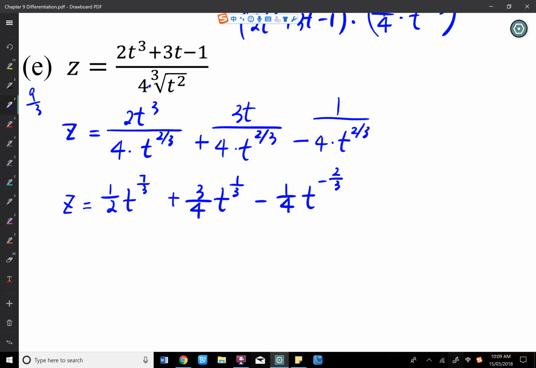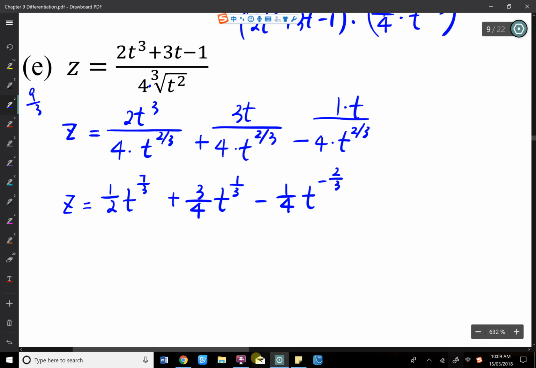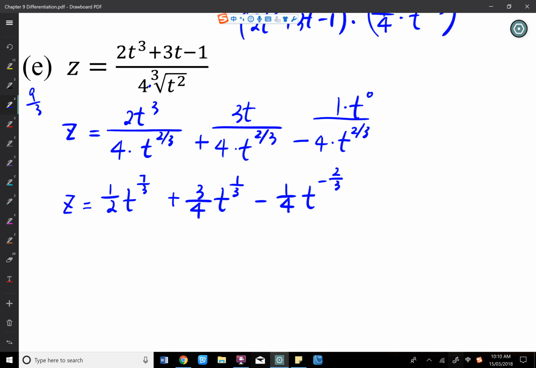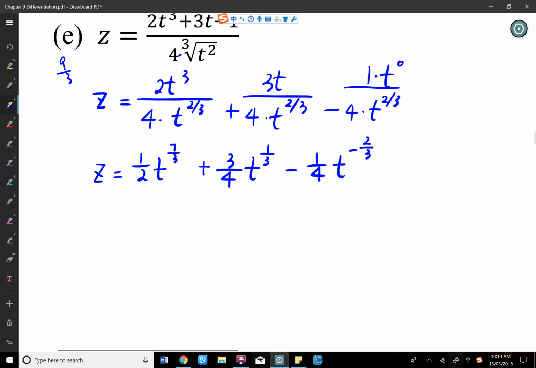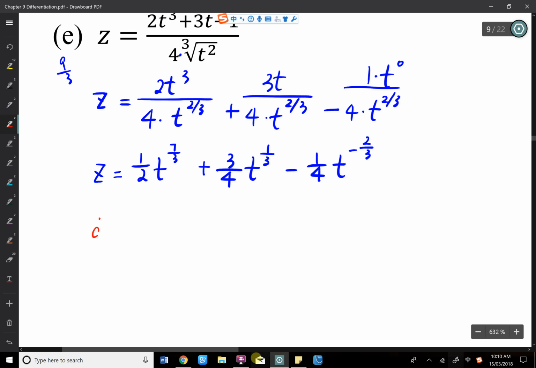When you have the same base, you subtract the powers when you divide them. So this one we can see that's 1 times t to the power of 0, because that's a 1. So 0 minus 2 on 3 is minus 2 on 3. Then the notation will be dz dt. Okay, dz dt, not dy dx now.